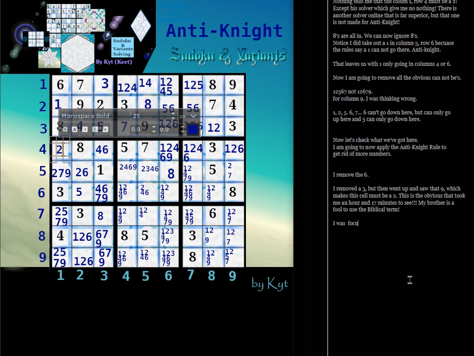I was focused. I get any more focused, my head will explode. I even used a solver to try and see it and could not figure out why it got a 2 here so easily.